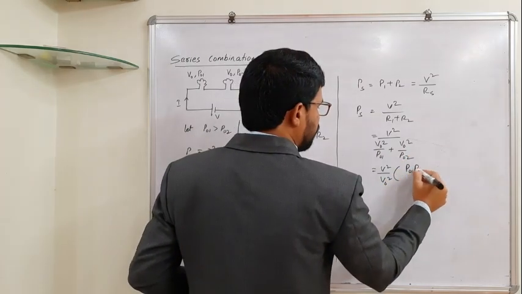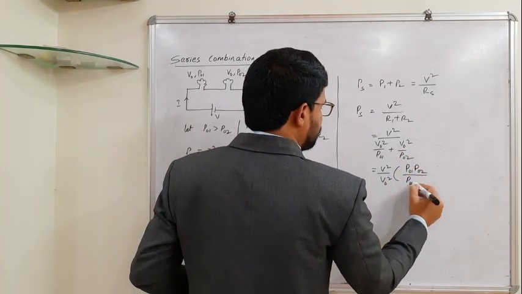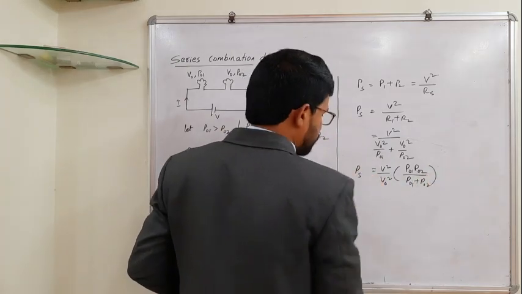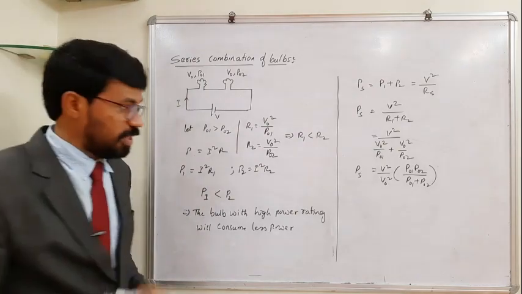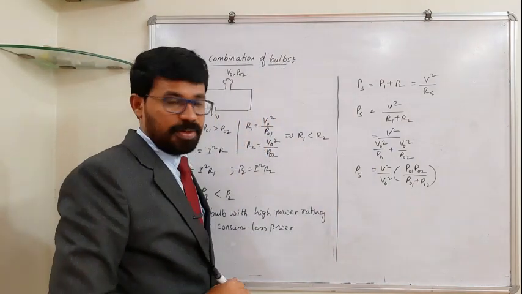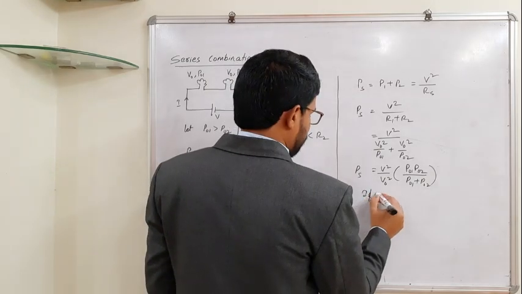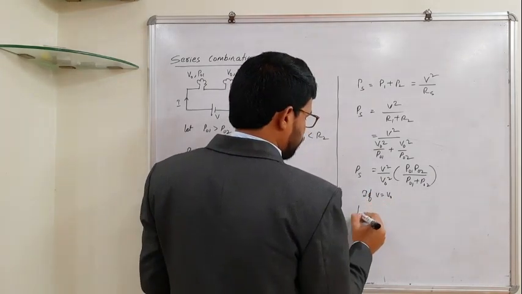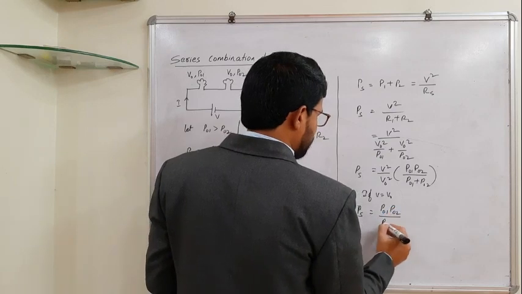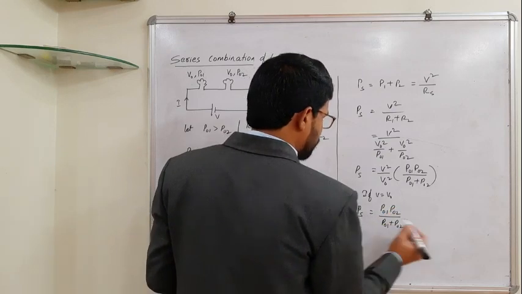So you will have P01 P02 by P01 plus P02. This is the power consumption in the series combination. If the applied potential is equal to the voltage rating, V equals V0, then PS is equal to P01 P02 by P01 plus P02.